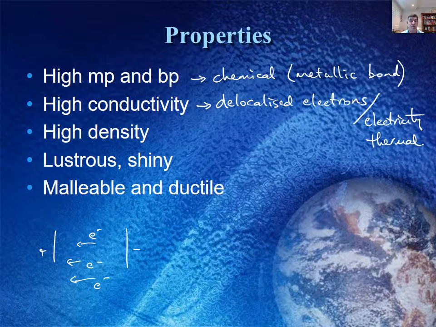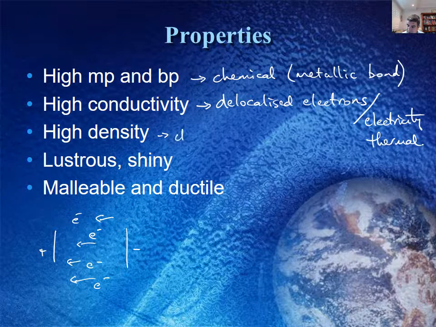All of this will be moving in the same direction, and that's a current. Likewise, heat energy is going to give the particles more kinetic energy, and therefore they will move more quickly, bump into other electrons, and push them as well. So it's not just electrical potential difference that can create a flow of charge, it's also heat that can create those moving electrons and transmit that energy from one end of the metal to the other.